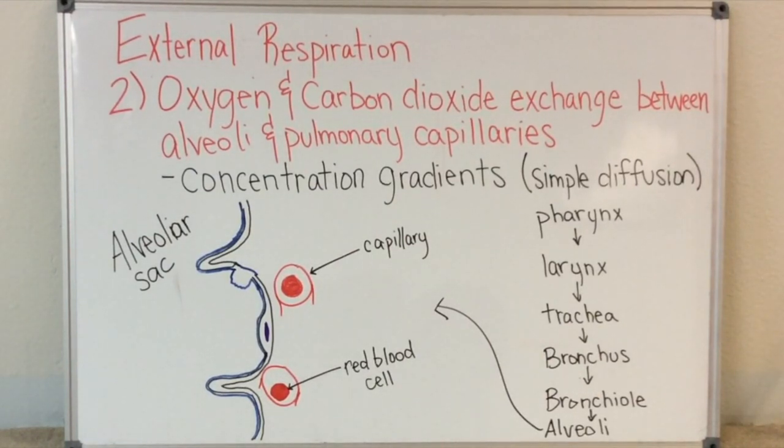Alveolar sacs are clustered together in thin-walled inflatable grape-like sacs at the terminal branches of the conducting airways. Each alveolus is surrounded by a network of pulmonary capillaries that are also only one cell thick. There is an interstitial fluid between the alveolar sacs and the capillaries, but it is an incredibly thin barrier.